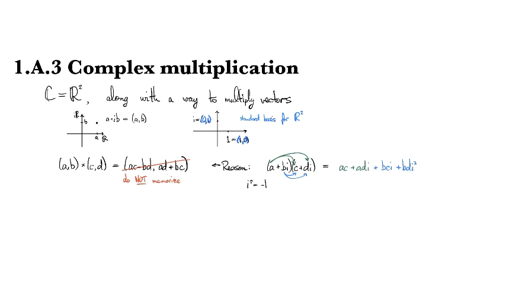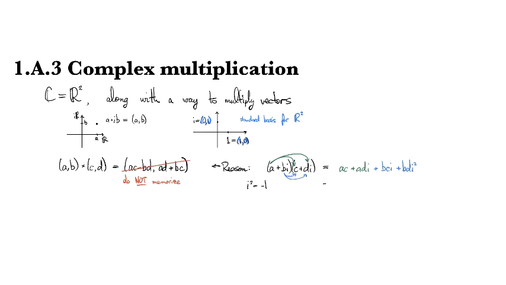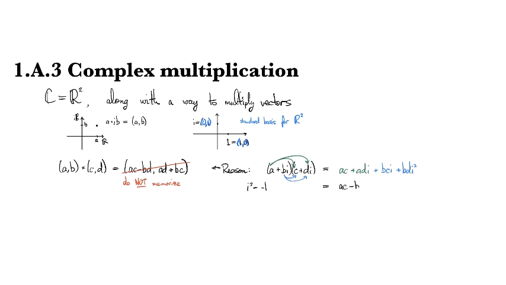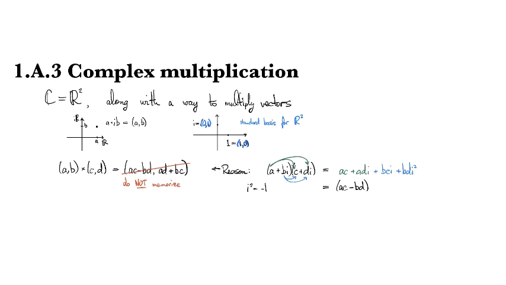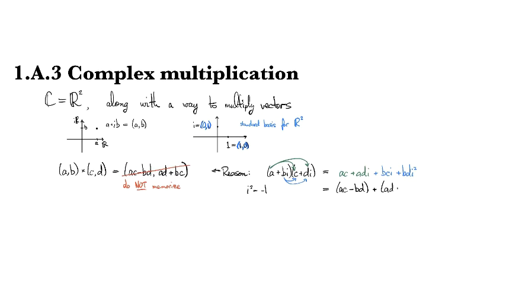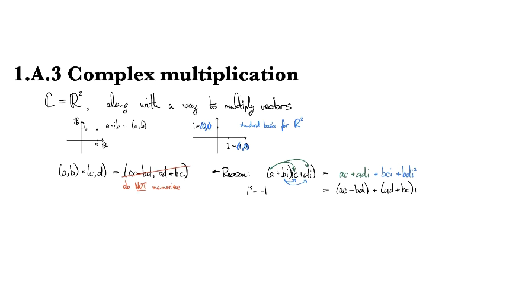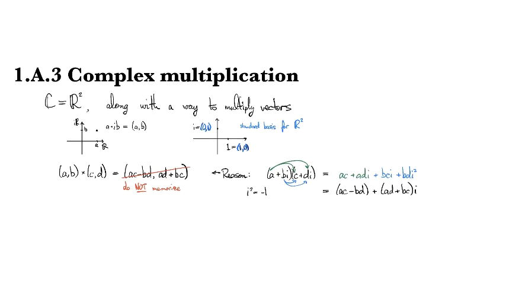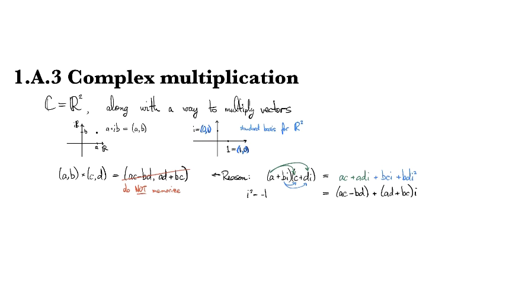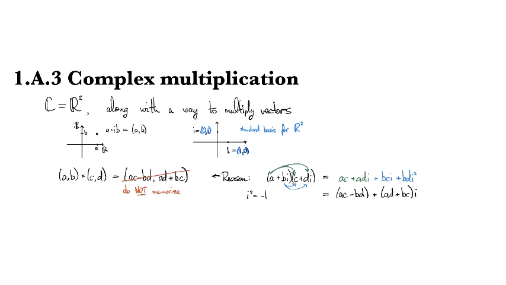And then, of course, that I squared just becomes a minus 1. So if I group the real parts together, I have AC minus BD, that's the real part. And then I can factor the I out of AD plus BC. And you'll see that that matches with what we had before. But you don't have to remember the formula, you can just FOIL it out.